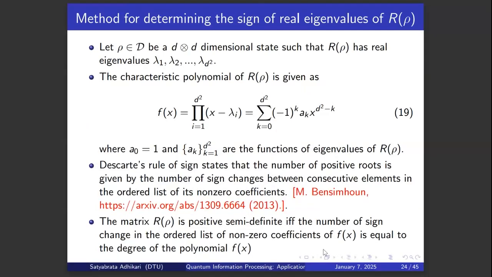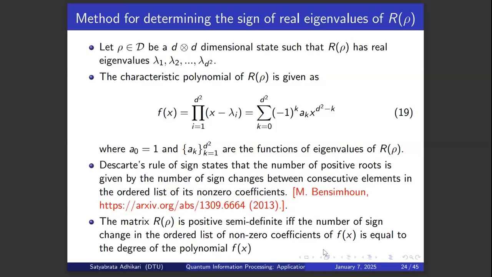Now we don't know which eigenvalues are positive and which are negative, and also we don't know how to calculate these eigenvalues because the dimensions are very large. We are doing it theoretically, not considering any particular form of rho. So we are giving this result for any arbitrary d-dimensional system.